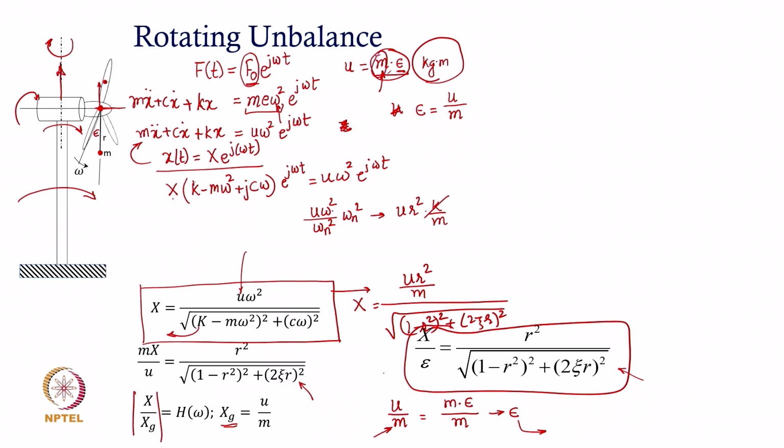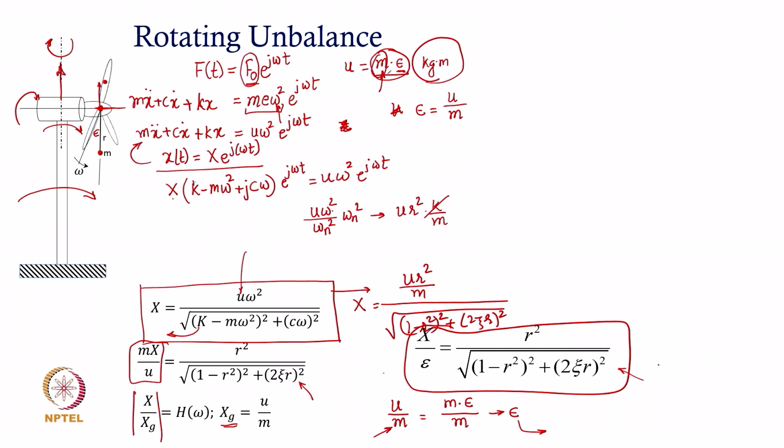Okay. So, the unbalance here is the product of the mass times eccentricity, and assuming that eccentricity epsilon corresponds to the total mass, we divide it, and that way the ratio x over x g reduces to capital X upon epsilon.